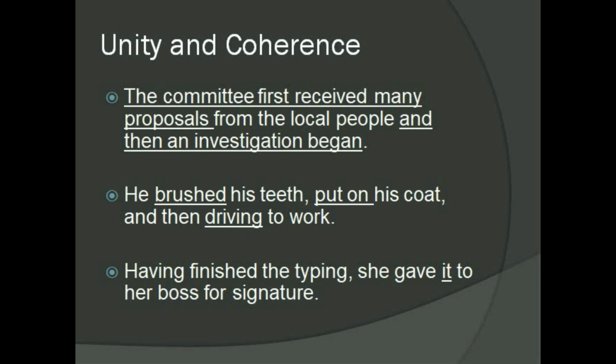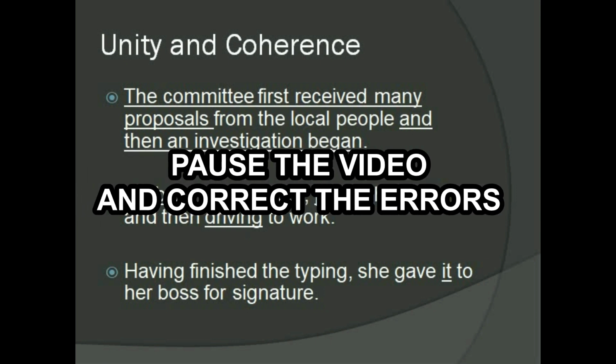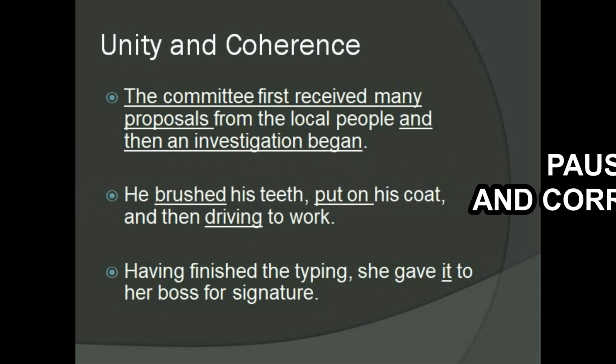In the second example, we're looking at faulty parallelism, meaning we're changing verb form throughout these three verbs. And in the third example, you can see there is an unclear meaning for this word "it". We need to make this clearer in order to make the reader understand what we're trying to say. Pause the video now and take a minute or two to correct these mistakes.